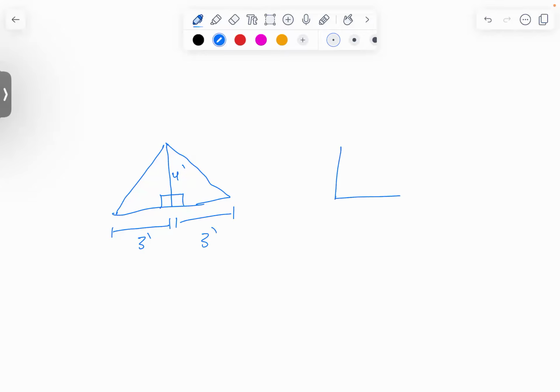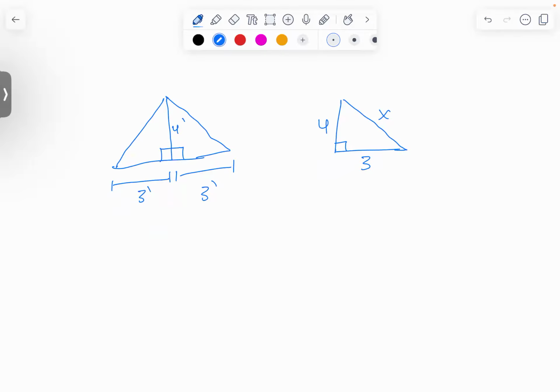And specifically, I can break those down even further into individual right triangles, 3, 4, and oh, look, X. This, in case you're familiar, is the famous 3, 4, 5 right triangle, but let's just do Pythagorean to verify. 9 plus 16 equals x squared.